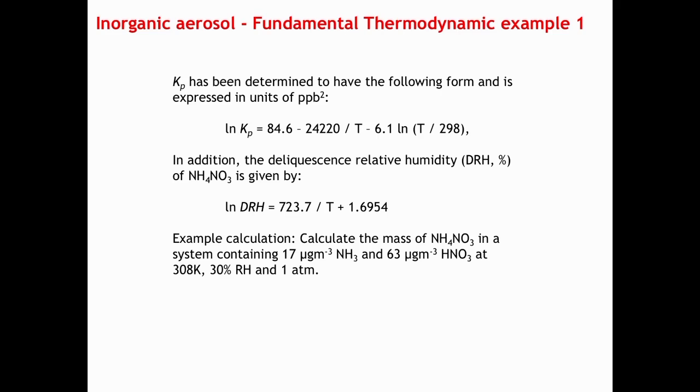So the number of micromoles per cubic metre divided by the number of cubic metres gives you the number of parts per billion. It's about 25 times 10 to the minus 9. So 1 times 10 to the minus 6 moles.